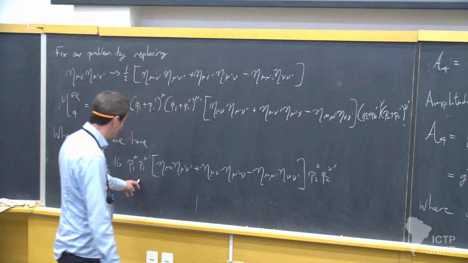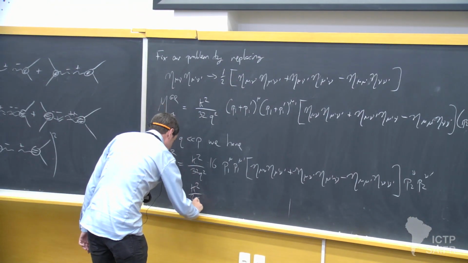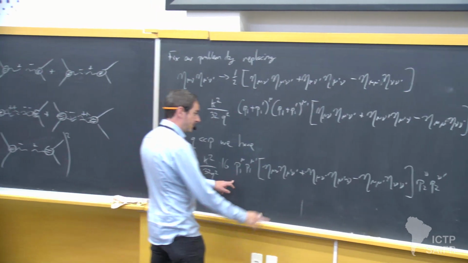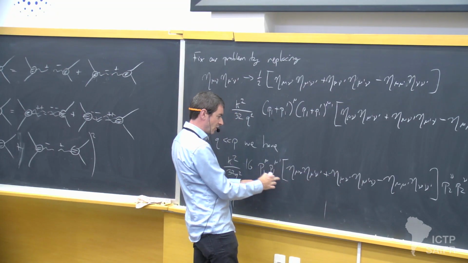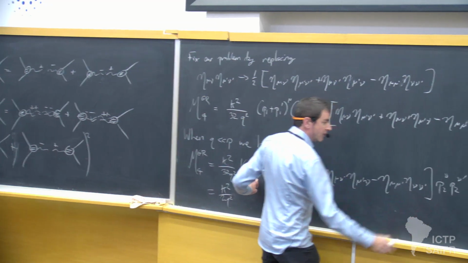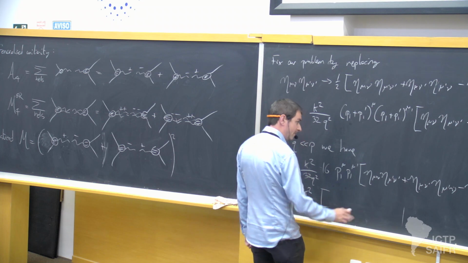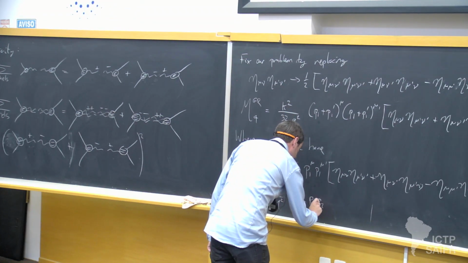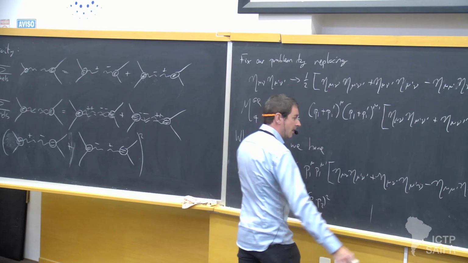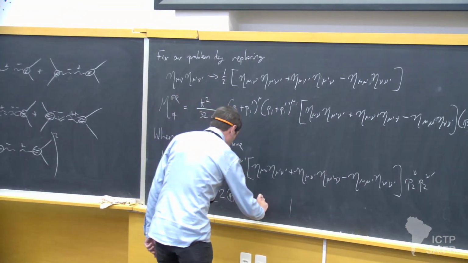And now we can just do the dot products. Kappa squared over 2Q squared. Okay, so in these two terms, they're going to be the same. I'm just going to get a P from one side dotted with a P2 from the other side. So these two terms are going to give me a factor 2, P1 dot P2 quantity squared. And this last one, I'm going to just pick up a minus M1 squared, M2 squared.